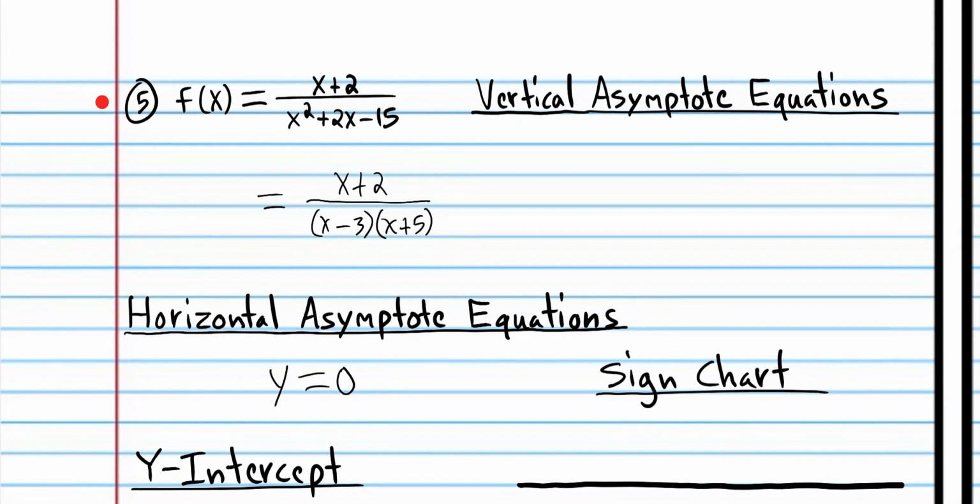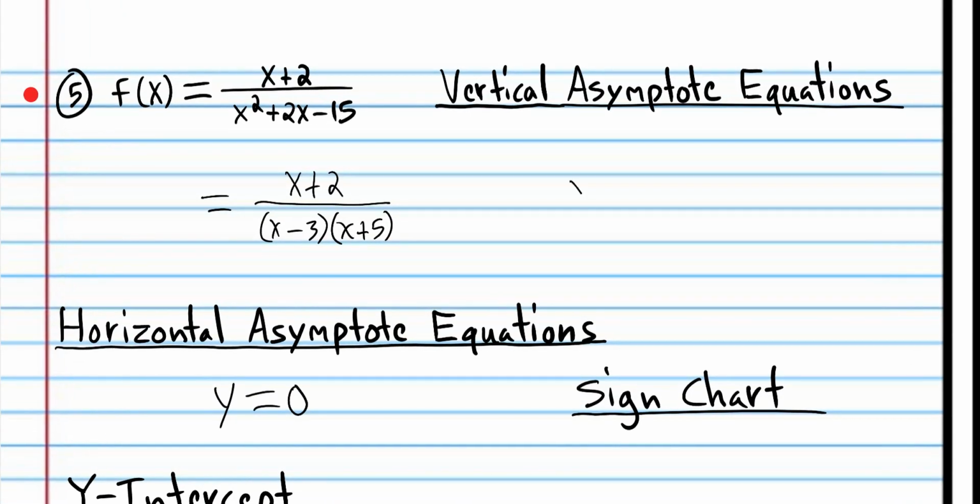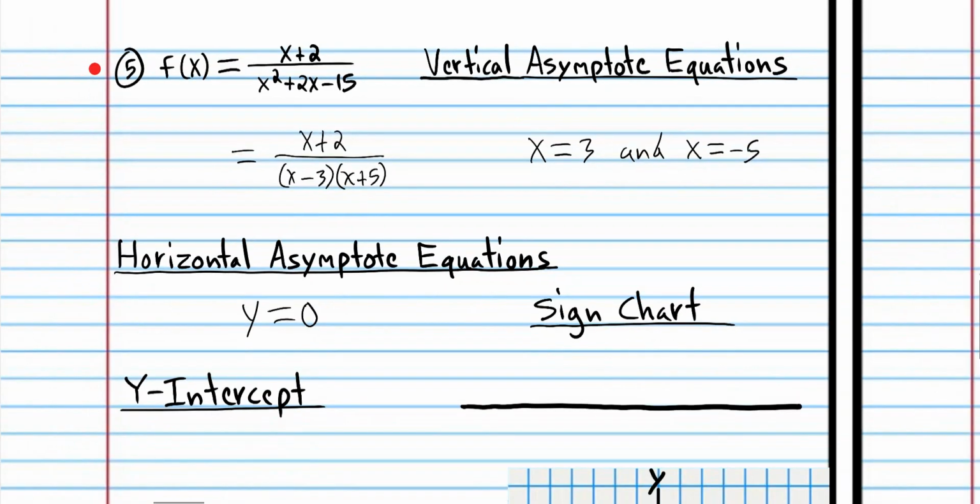So notice that we don't have a common factor in the numerator and the denominator other than 1. If we had x plus 2 down here as well as up here, then we would have a hole on the graph. That would be something different, but we don't have that. So x equals 3 is a vertical asymptote, and x equals negative 5 is a vertical asymptote.